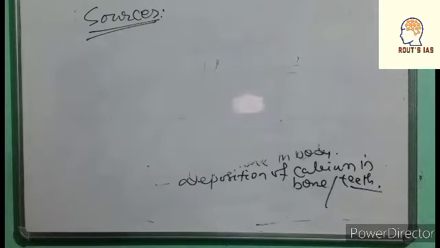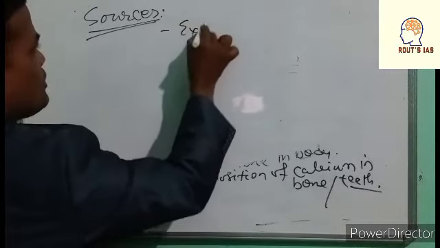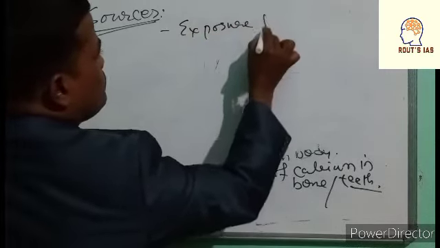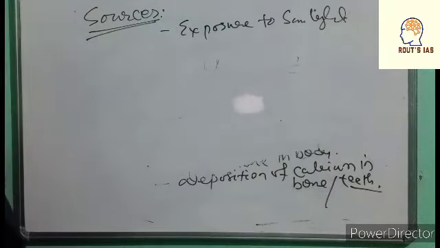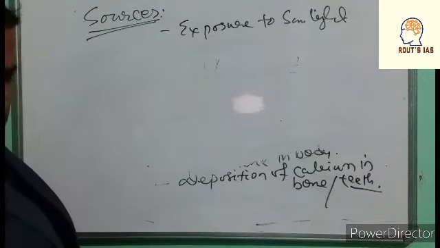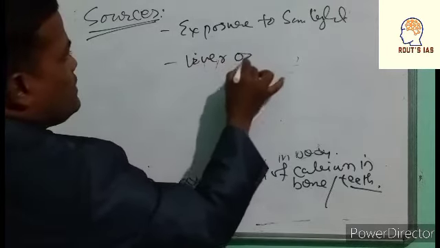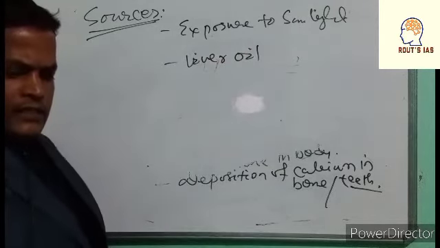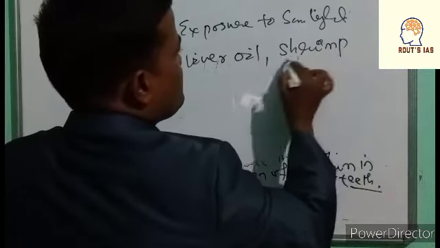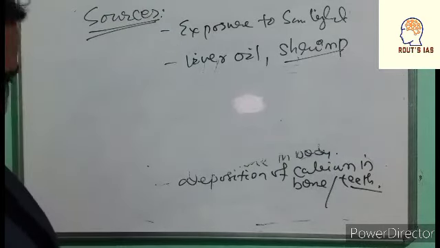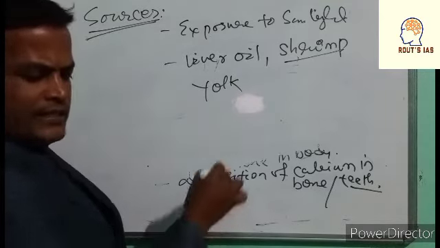Number one, as I told, exposure to sunlight. Number two, liver oil and shrimp, that is marine food, and yolk of egg, milk.